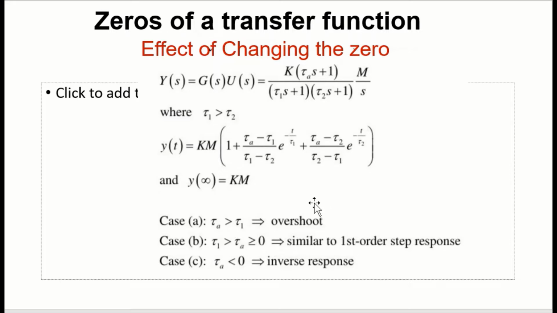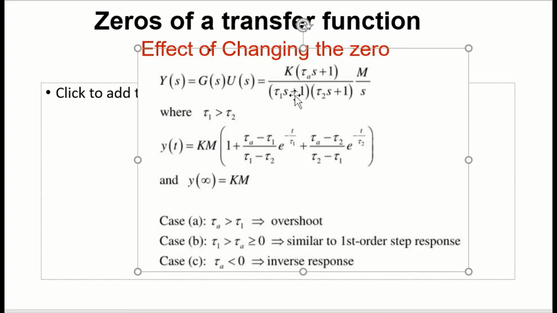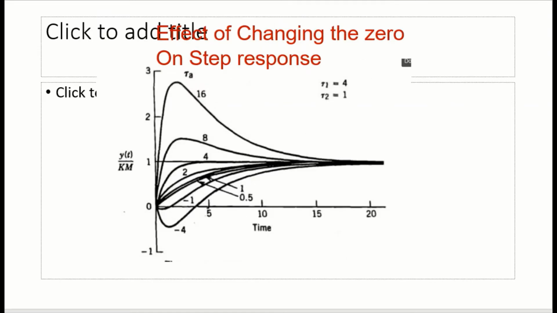If T1 is bigger than TD, we'll tend to get what looks like a non-overshooting or first order response. And if this coefficient TA is negative, we'll actually get the system going the wrong way at the start. So let's look at what those might look like.